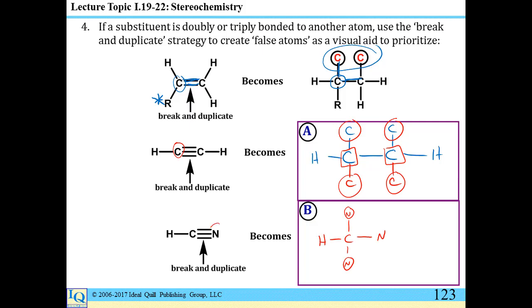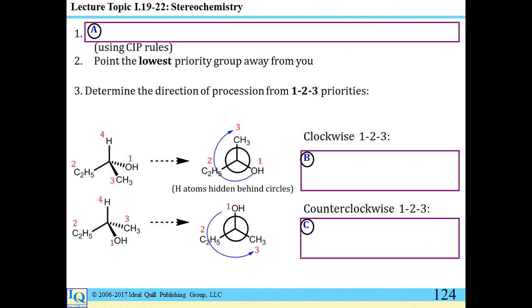The same premise applies if you have a nitrogen. This carbon on the left has 3 bonds to nitrogen. We leave one of them in. We draw 2 more, so you've got 3 total. And those are now the circled dummy nitrogens. Now the nitrogen on the right started off with 3 bonds to carbon. We only have 1 now, so we have to put in the other 2 bonds it had to carbon to these fake constructed carbons to make it easier to count.